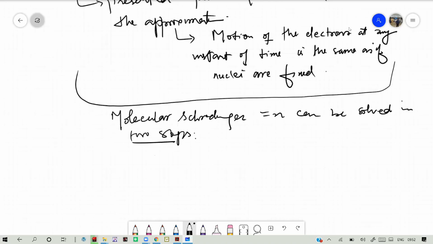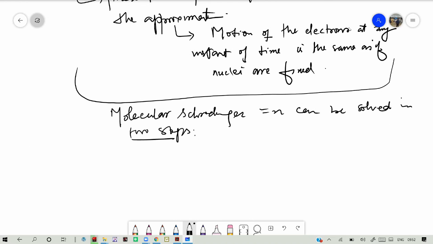So how do we solve it? Now see. Keep in mind that we are assuming that the nuclei are fixed. We are assuming that in this approximation.